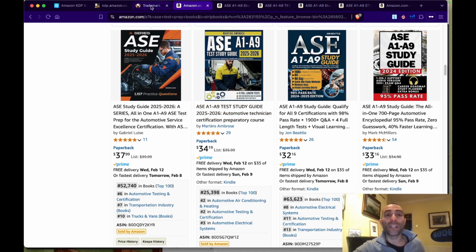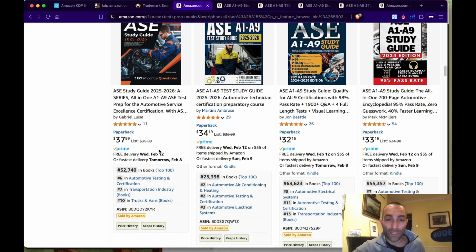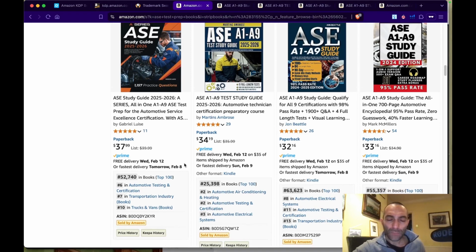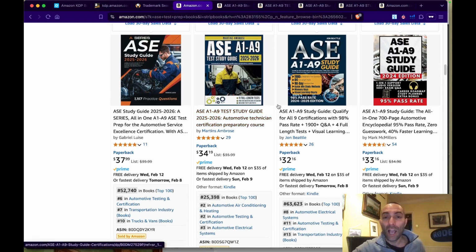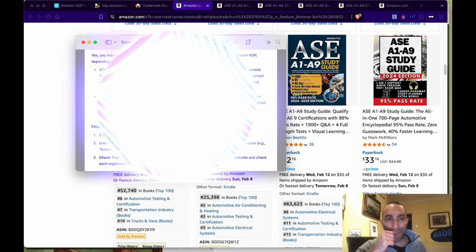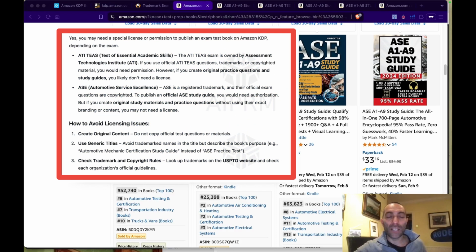That's why I always have my trademark open here and check all my keywords just in case. I ran through ChatGPT asking the question if I was risking publishing a book on Amazon KDP, and this is the response I got. Look. Yes, you might need a special license or permission to publish an exam test book on Amazon KDP, depending on the exam.